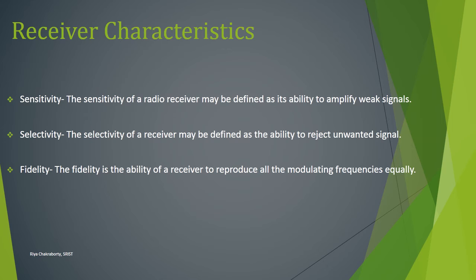And also there are double spotting and tracking of a superheterodyne receiver. When a receiver picks up the same short wave station at two nearby points on the receiver dial, the double spotting phenomenon takes place, and the main cause for double spotting is poor front end selectivity.